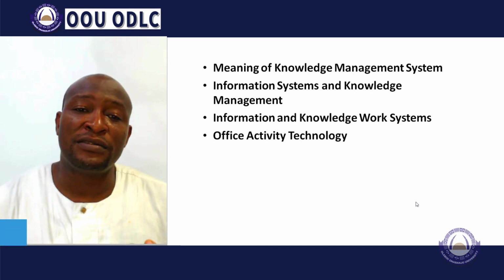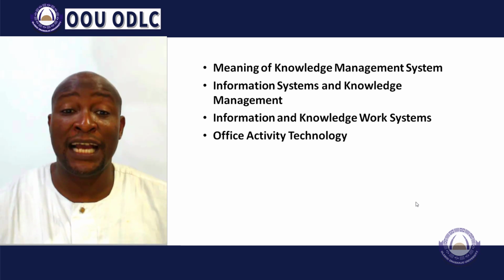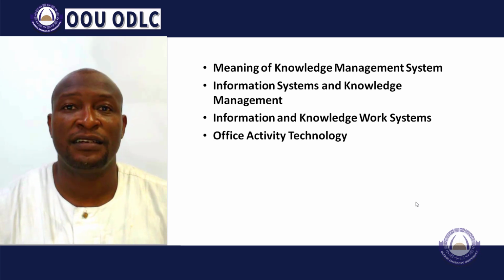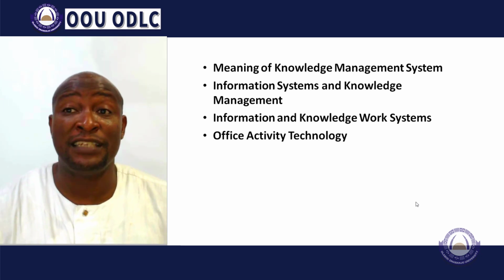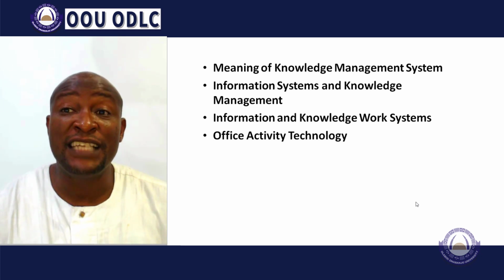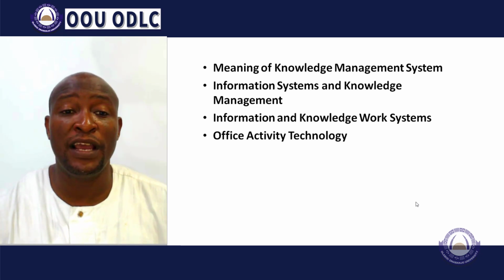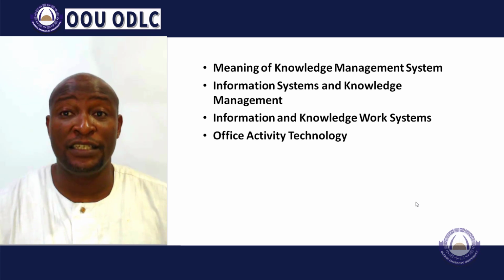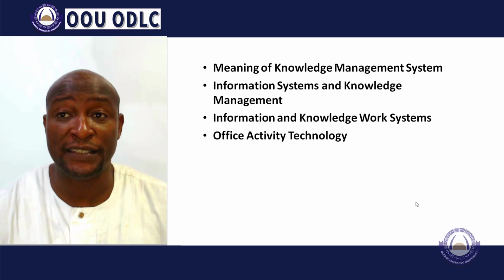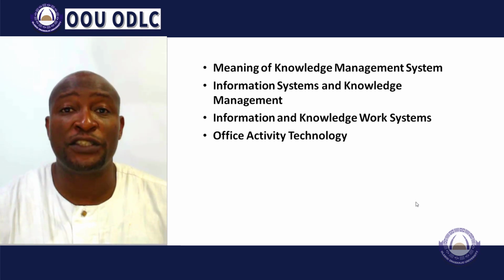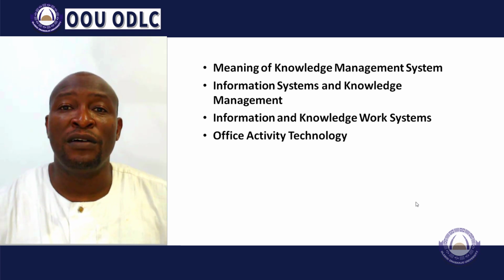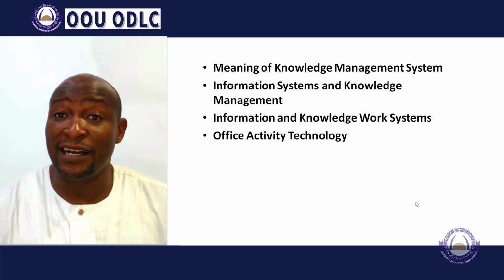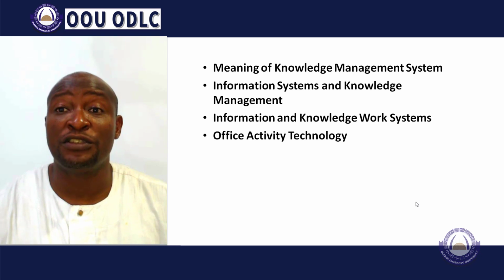So let's talk about information systems and knowledge management. There are two main components of knowledge management systems. Number one is the Office Automation System, the OAS. And number two, the Knowledge Work System, KWS. The OAS, which is the Office Automation Systems, are the ones that secretaries, clerical workers, and some professionals use.